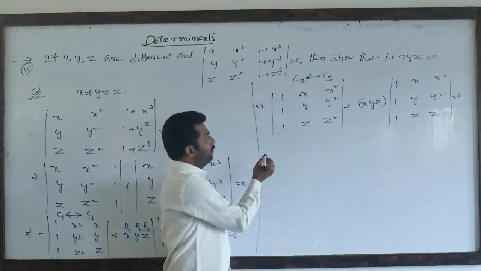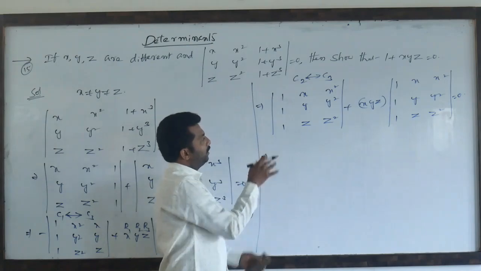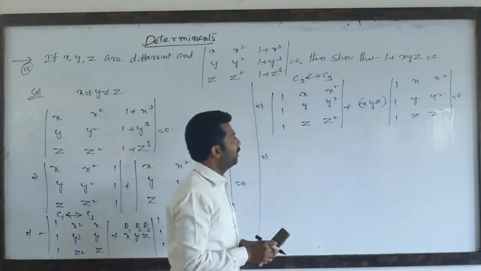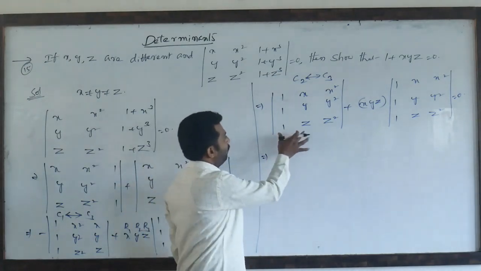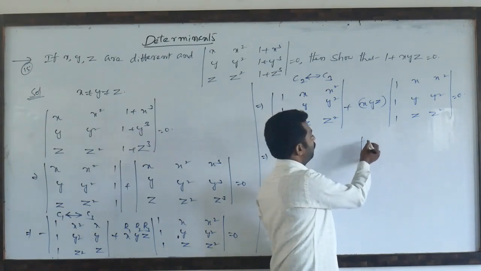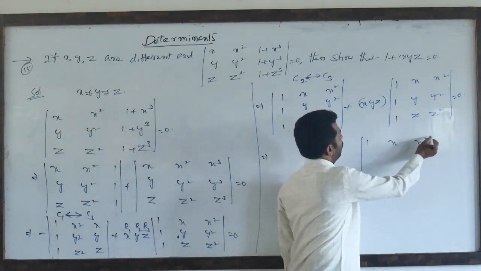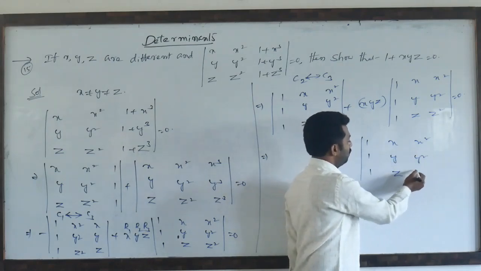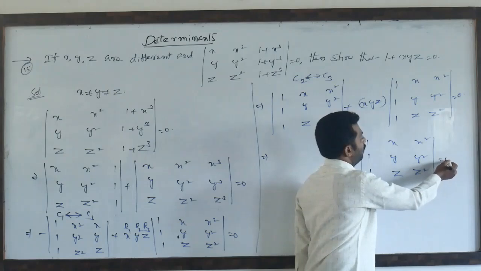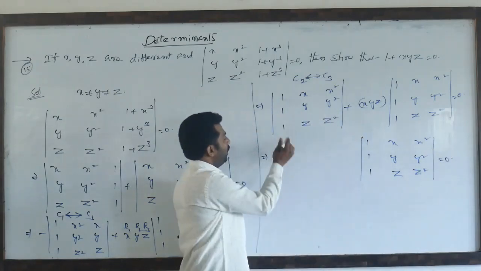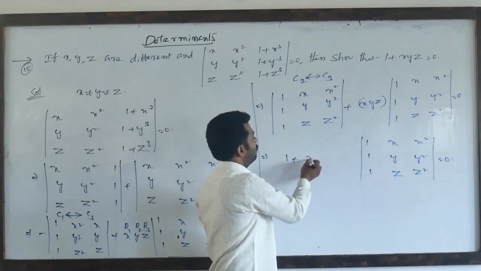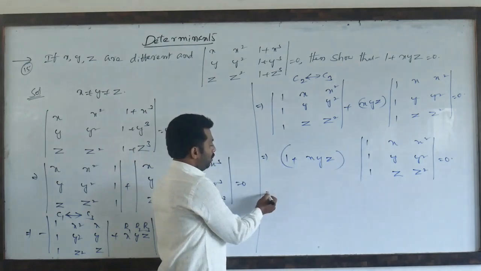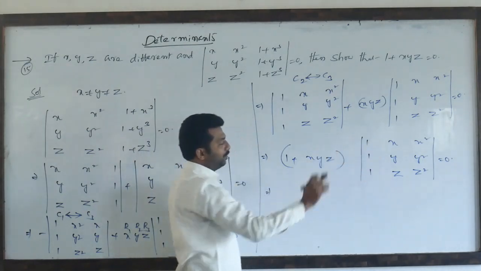Very clear. This determinant is common, because xyz is one real number and the determinant is also one real number, so we can take it common. Taking the determinant common, 1, x, x square; 1, y, y square; 1, z, z square, what is left is 1 plus xyz. So this product equals 0.